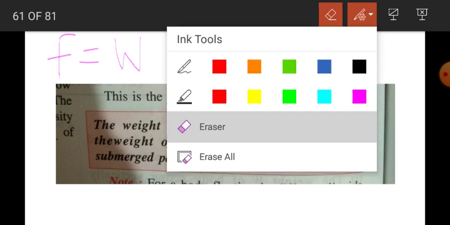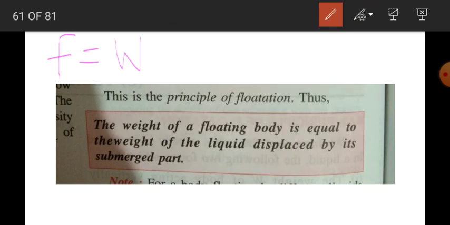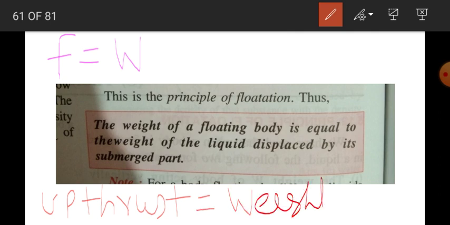So it means upthrust is equal to the weight of the floating body. That's it. This is what you need to remember, and the equations are based on this relation.